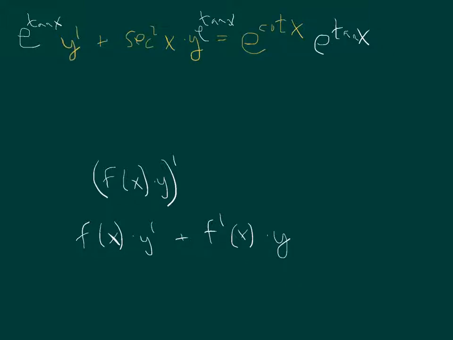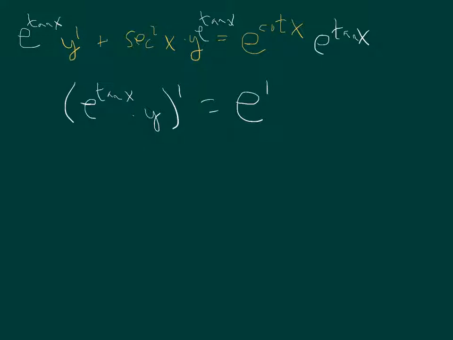This left side is now the derivative of something. It is the derivative of e to the tan of x times y. And the right side in this case happens to simplify to e to the first.